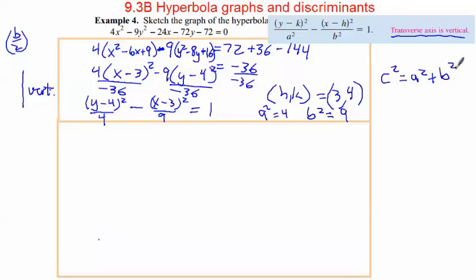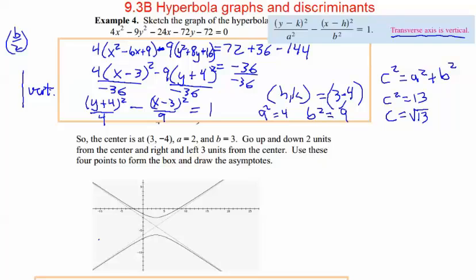All right, 4 and 9 have been super popular tonight, and so we're going to get c squared equals 13 on this, or c equals the square root of 13. Not sure if they're going to want that in the graph, but there we go. Okay, so let's take a look at the resultant graph.